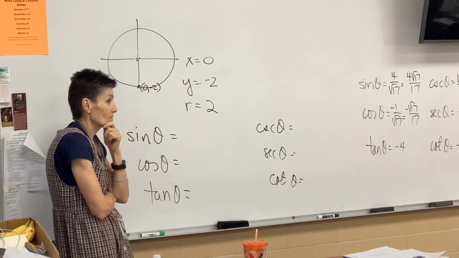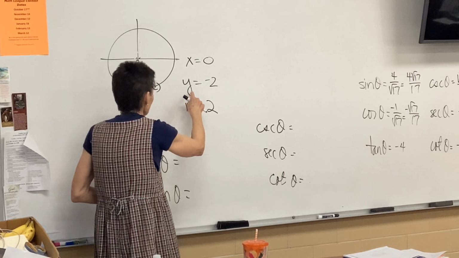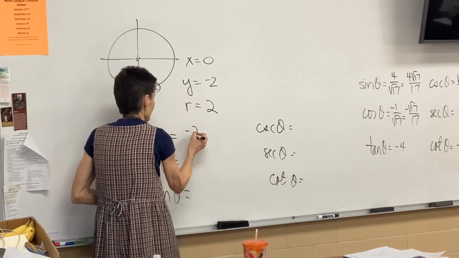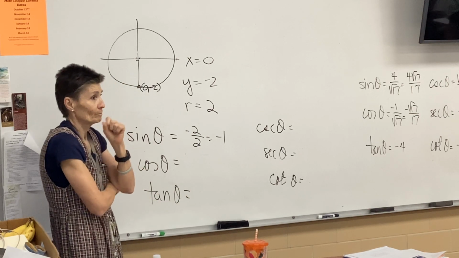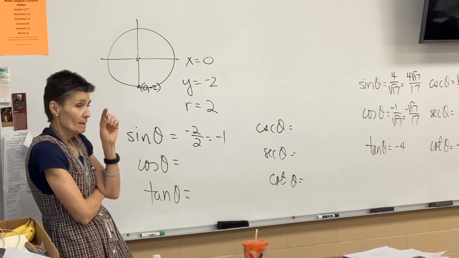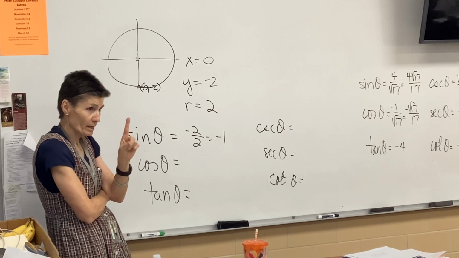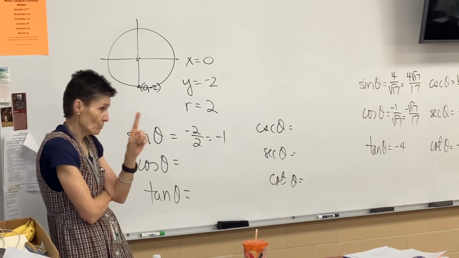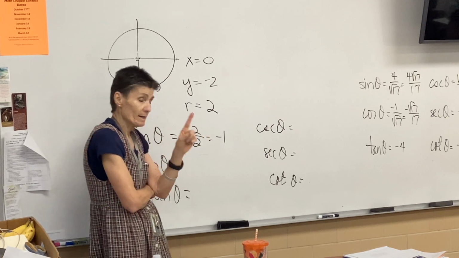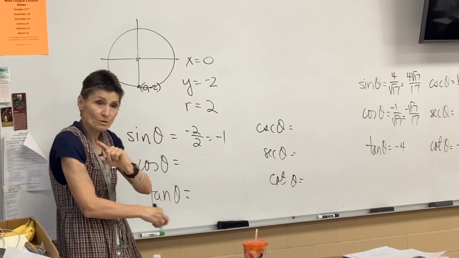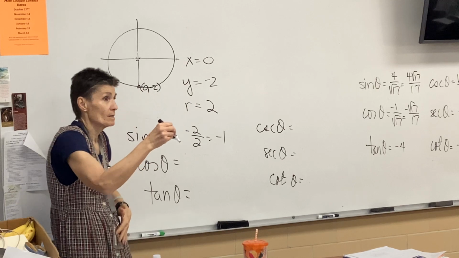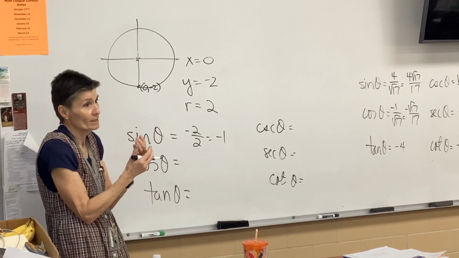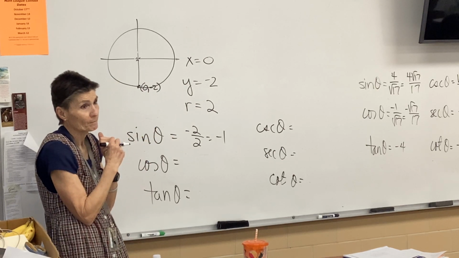Y over R. So y over R is negative 2 over 2 or negative 1. If you can't draw a triangle, then you draw a circle. And if you're drawing a circle, then you're using y over r, x over r, and y over x. You're using the circular definitions of the trig functions.